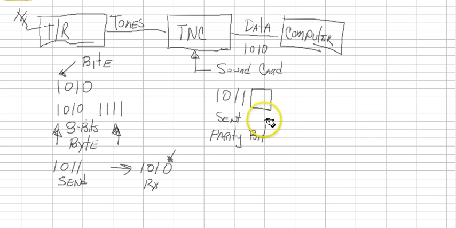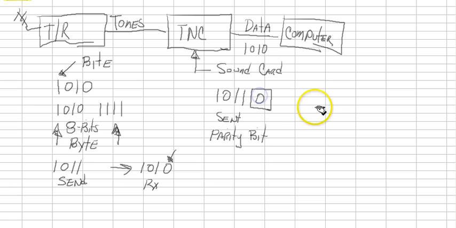All right? So let's say we're going to add all this up, and this adds to 3, and we say 3 is odd. All right? So if it's odd, we're going to send a 0.